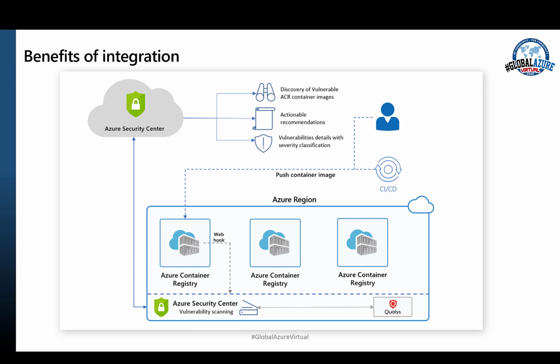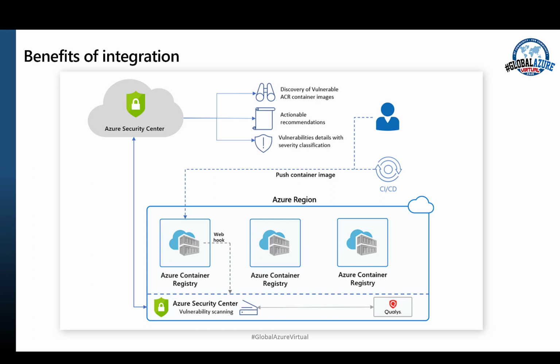So we can compare it with the Docker Hub, since ACR is based on the open source Docker registry. This integration brings deeper visibility into the vulnerabilities of the images in your registries. Now you can enable or disable the bundle at the subscription level to cover all the registries in a subscription.